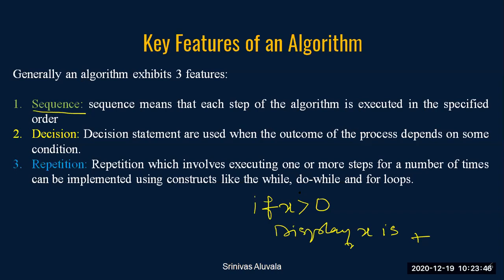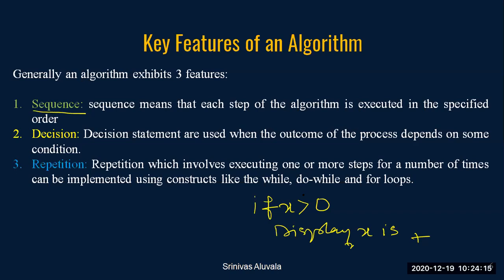Any algorithm definitely exhibits at least one of the features, and it can even exhibit all three features in one algorithm. These are the features which all our algorithms exhibit.